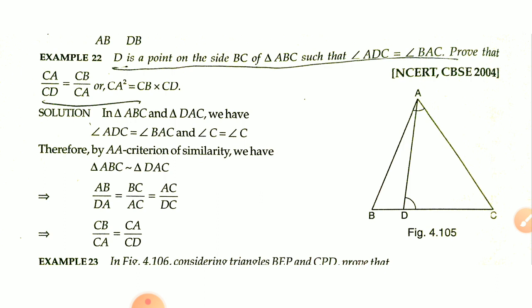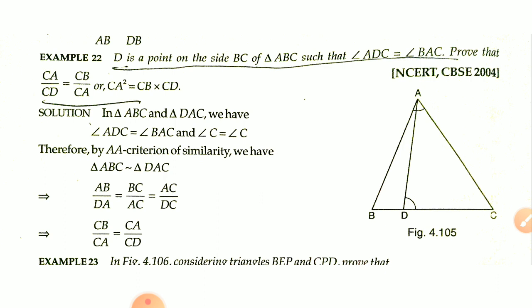And now if both the triangles are similar, then corresponding sides are proportional, means AB upon DA equal to BC upon AC and AC upon DC.